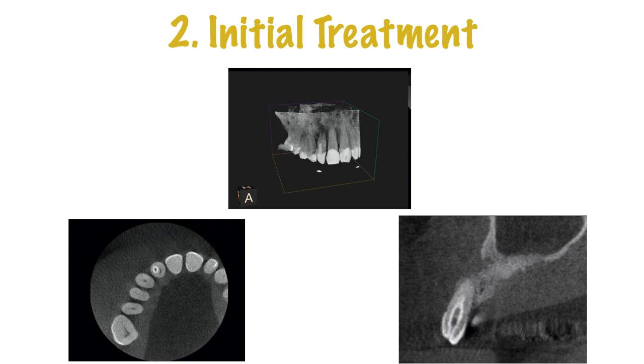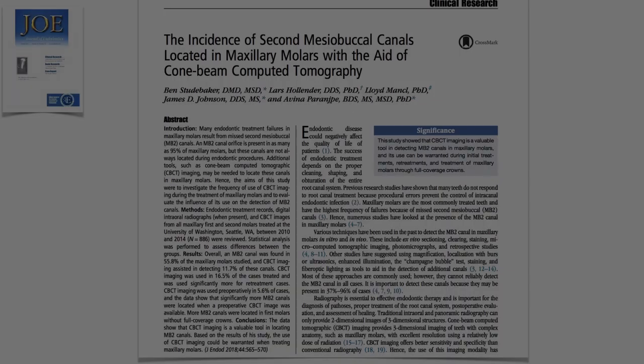So 3D rendering here, we have the axial view here, we have the dens invaginatus here, and you can tell it's more buccal and more distal, and we have the sagittal view here. It's extremely complicated anatomy, but we are more prepared to do this treatment if we have this image for sure.